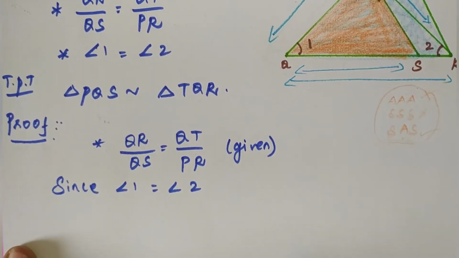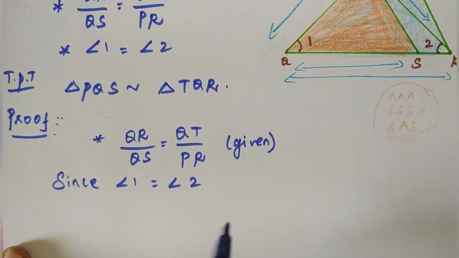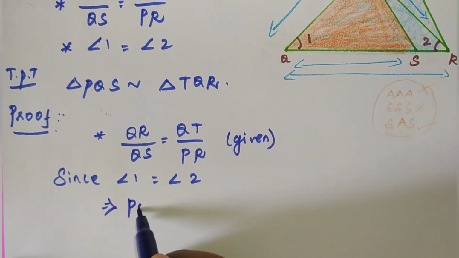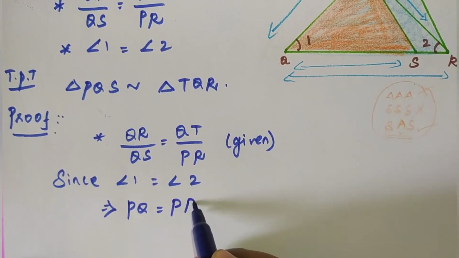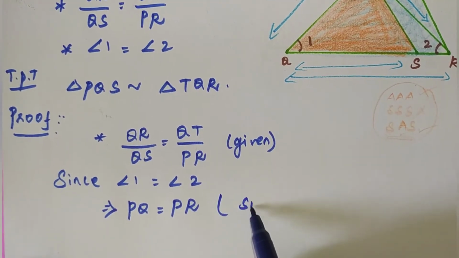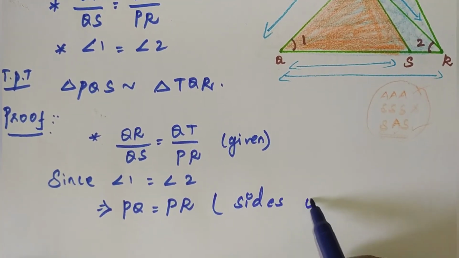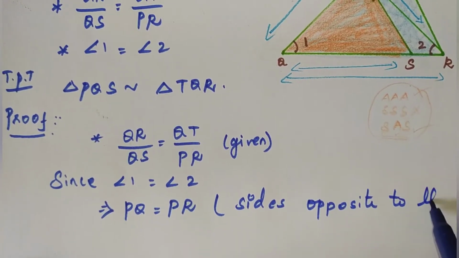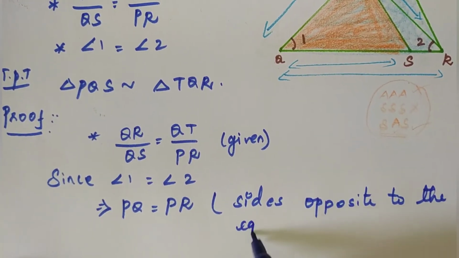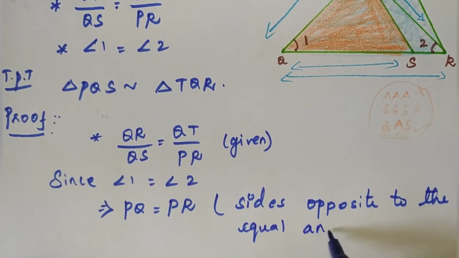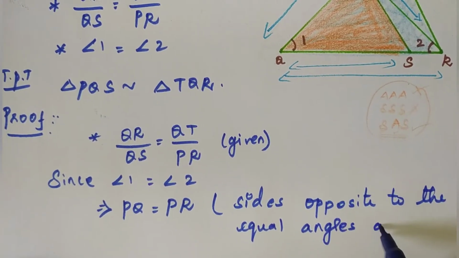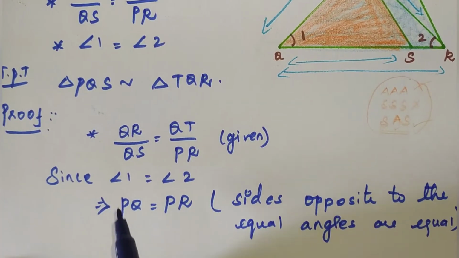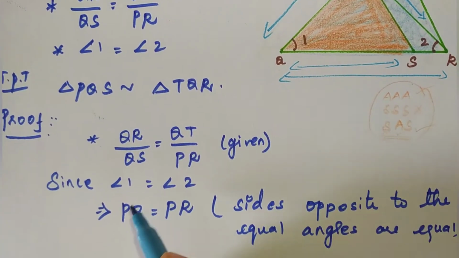We studied in 9th standard that sides opposite to equal angles are equal. So PQ is equal to PR.